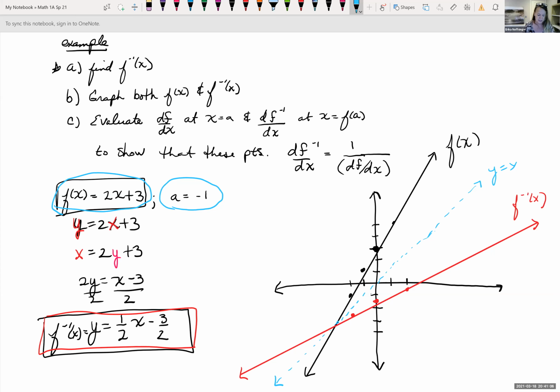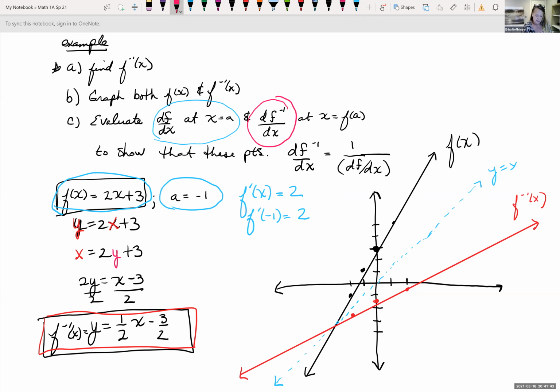Okay, so the derivative of that's not bad, right? F prime of x, so let's find the derivative first. That's just 2. So there's no x there, and when I evaluate that at -1, there's no place to plug in that -1, so this is still just 2. Now let's first find the derivative of our inverse function.